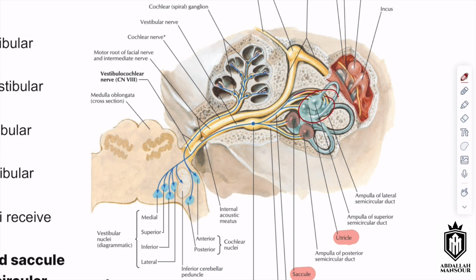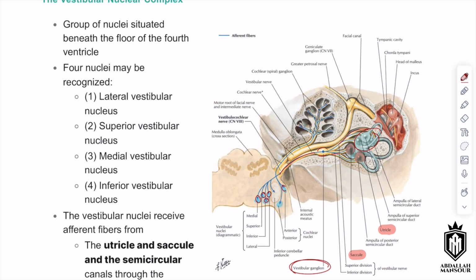So all the fibers will come all the way down into the vestibular ganglion first, and then they will enter in a groove between the pons and the medulla, and they will stop in the vestibular nuclei. And the vestibular nuclei are 4 nuclei, as you can see, and these are the medial, the superior, the inferior, and the lateral vestibular nuclei.